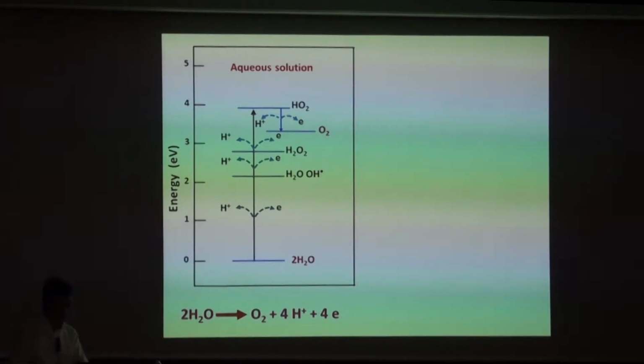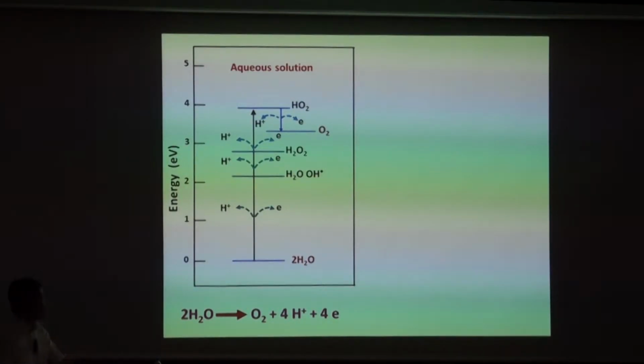To show you how this reaction actually happens, if you want to split two waters into oxygen, 4 protons and 4 electrons in an aqueous solution without a catalyst, the total reaction can be divided into 4 steps, because 4 protons and 4 electrons are removed. In each step, 1 electron and 1 proton are removed from 2 molecules of water.